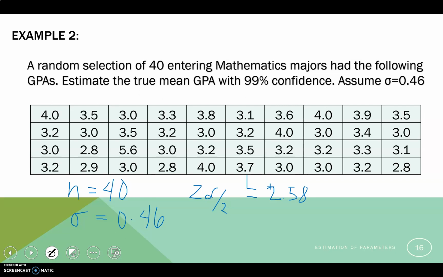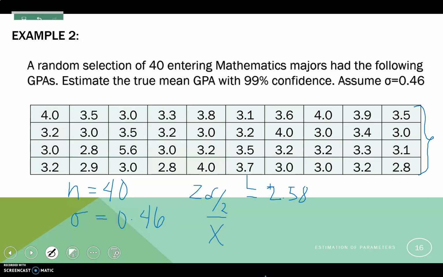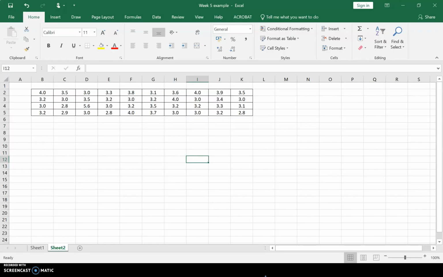So naa tay missing nga value nga dapat present siya aron makasolve ta, and that is our sample mean. Since gihatagan man ta og data, we need to find first the mean of this sample. So para madali nato siya pangitaon, we will use the Excel. Okay, so these are the data.